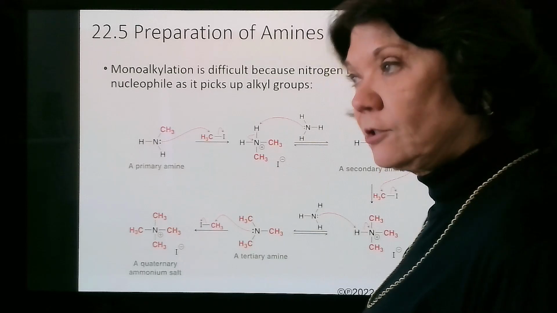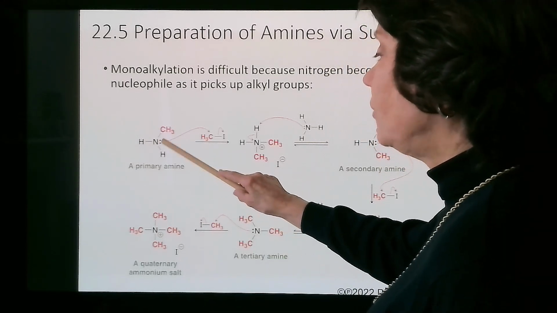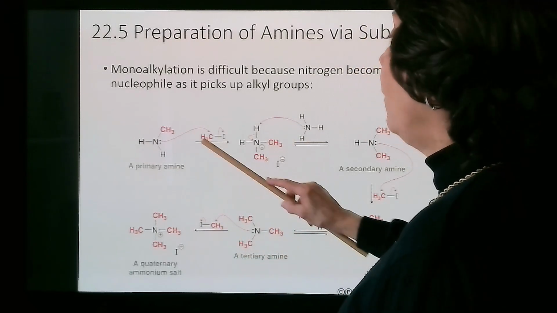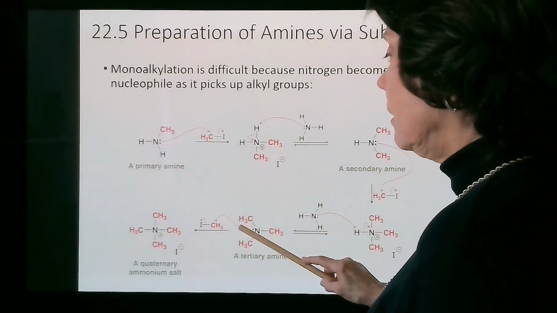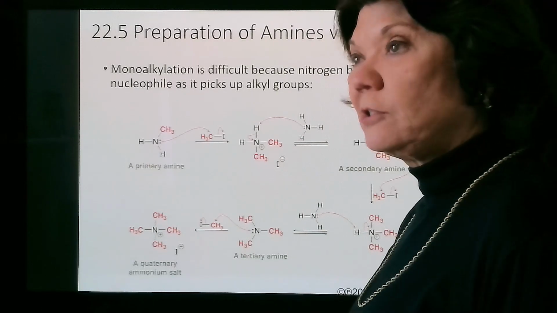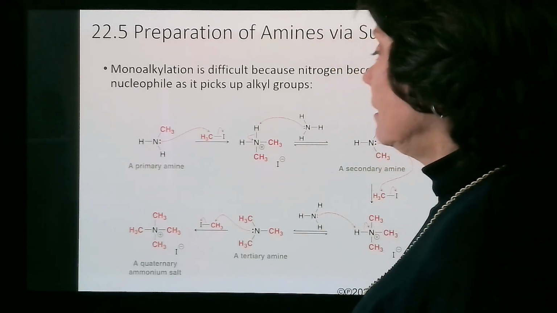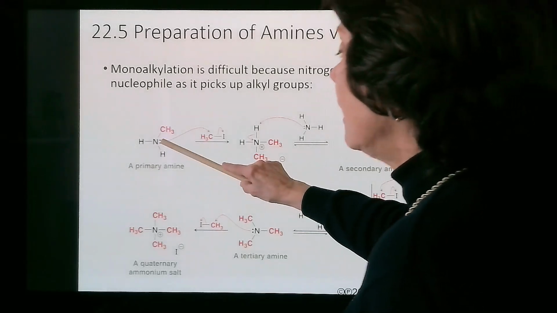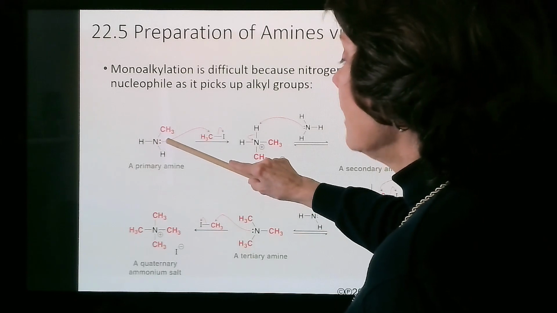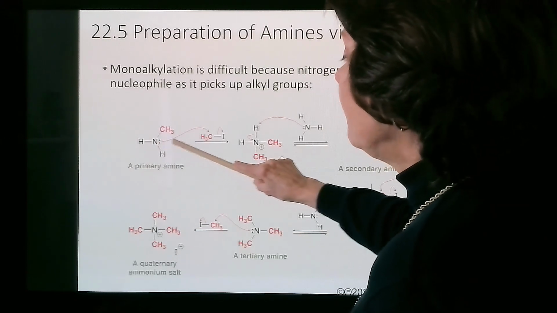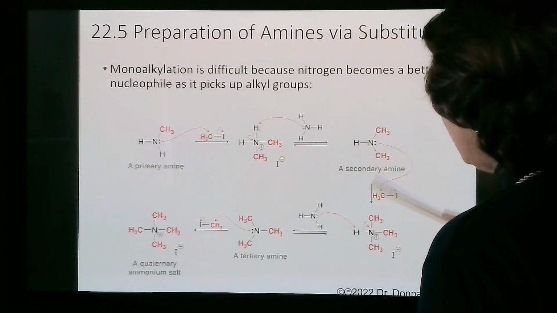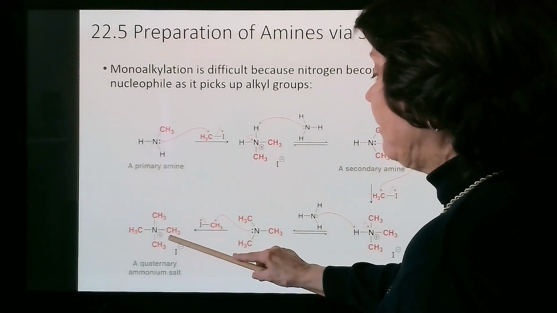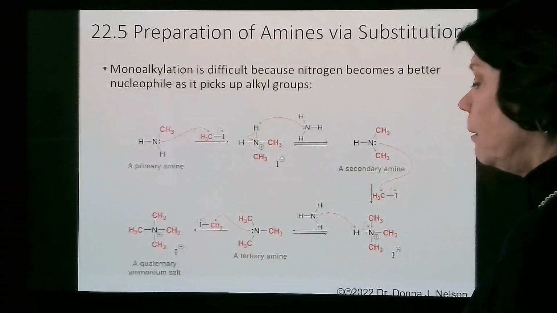There is another factor going on, not just the basicity of the lone pair, but their steric hindrance, which is increasing and works in the opposite direction. The basicity of the lone pair is increasing and has a tendency to increase the methylation and work towards the quaternary ammonium salt.